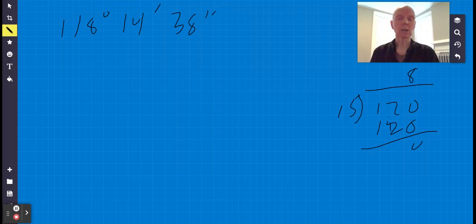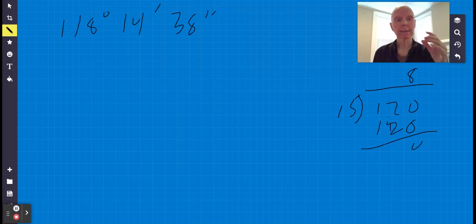So we need to convert 118 degrees, 14 minutes and 38 seconds to hours, minutes and seconds. There are 2 ways you can do it that I know of. One, Dave Campbell teaches: you multiply by 4 and then divide by 60. What he's doing, as far as I understand it, is this: it takes the sun 1 hour, or 60 minutes, to travel 15 degrees.